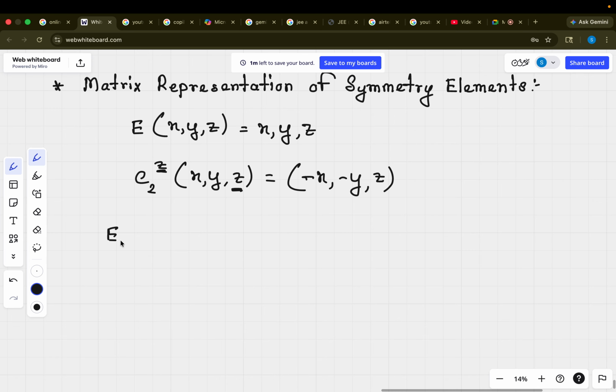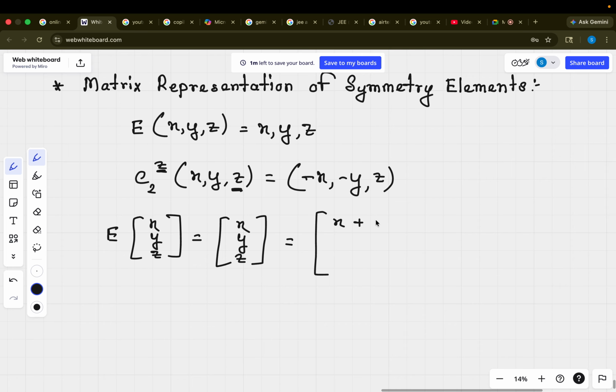Suppose I am operating this identical operator on these x y z Cartesian coordinates, you will get back the same thing, x y and z. If I write this down, I will get x plus 0 into y plus 0 into z. Similarly here you will get 0 into x plus y plus 0 into z.